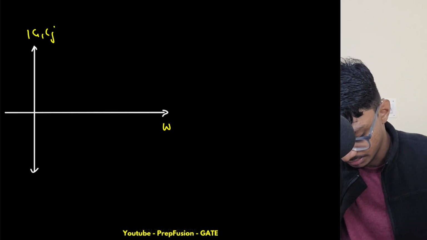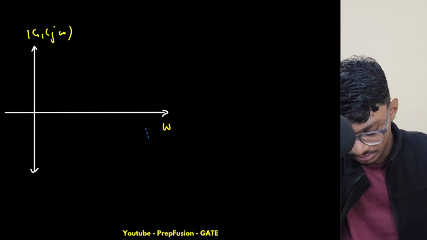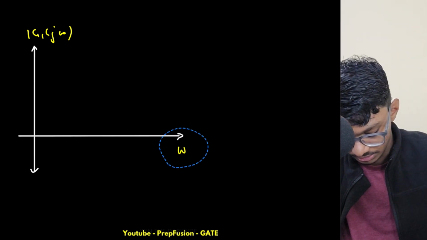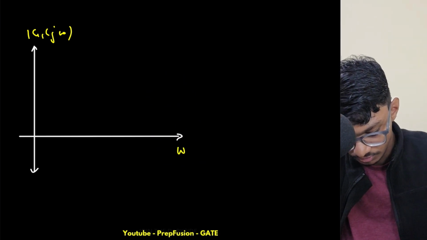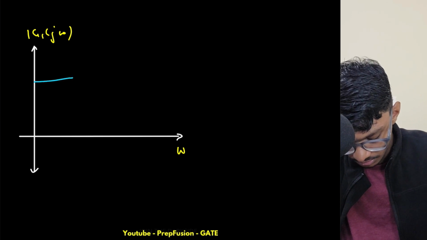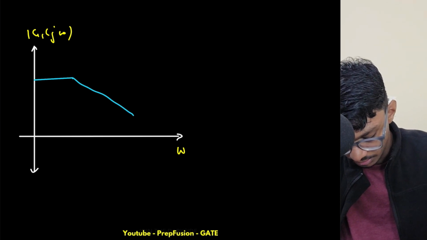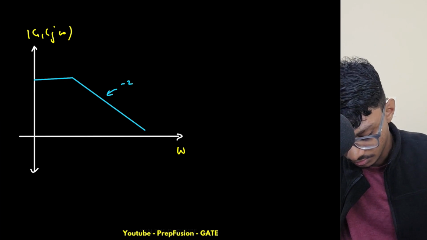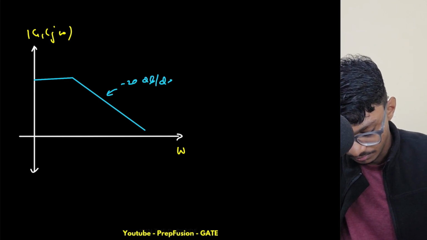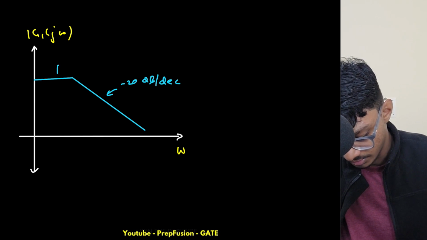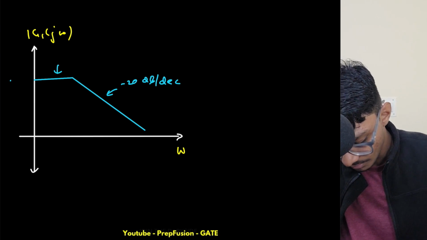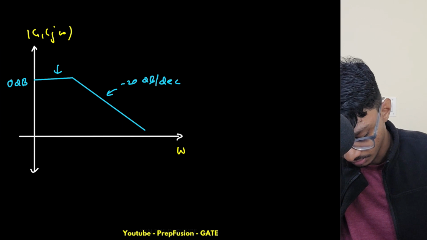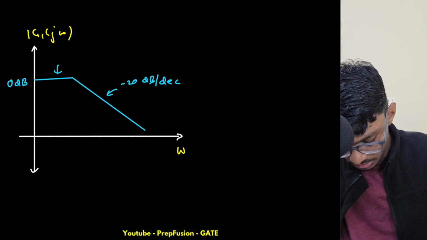It will be simply like this. It will start from 0 dB, and it will hit the corner frequency and reduce by a slope of minus 20 dB per decade. This is 0 dB, and this is the corner frequency.